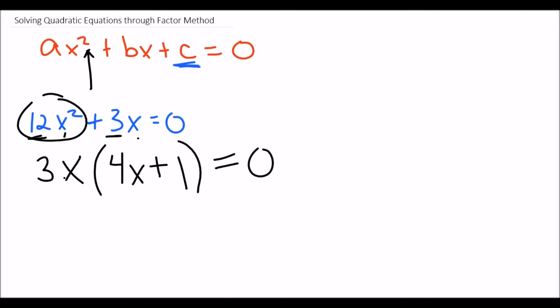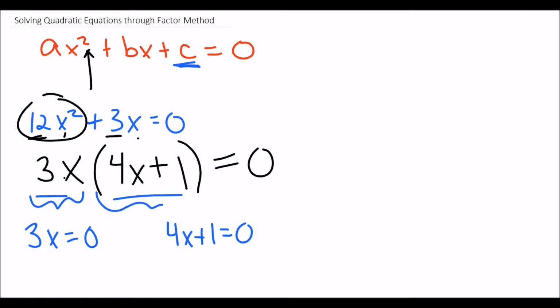So that's basically how to factor that equation. But let's say it said solve this equation or look for the roots. Then what you're going to do is set each of these equal to 0. So you're going to say 3x equals 0, and you're going to say 4x plus 1 equals 0. The reason you do this is because if the equation equals 0, 0 times anything is 0. So this entire term can be 0 or this entire term could be 0.